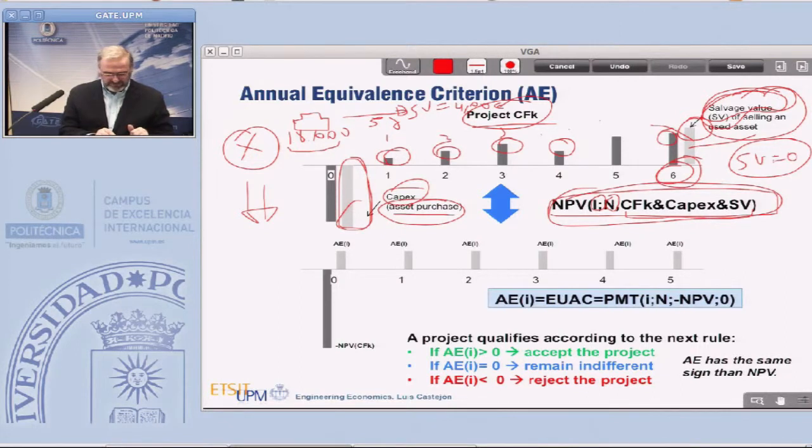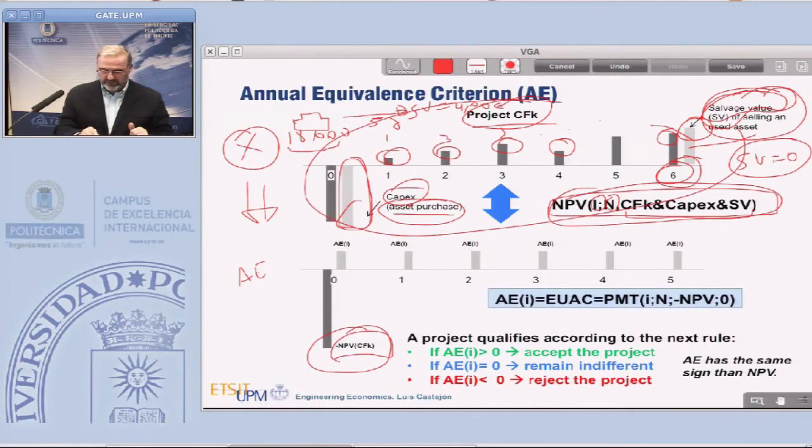So let's see the second scenario for calculating the annual equivalent criterion. We create a new artificial cash flow, which is this one. We are investing today this amount, the net present value of those previous cash flows.